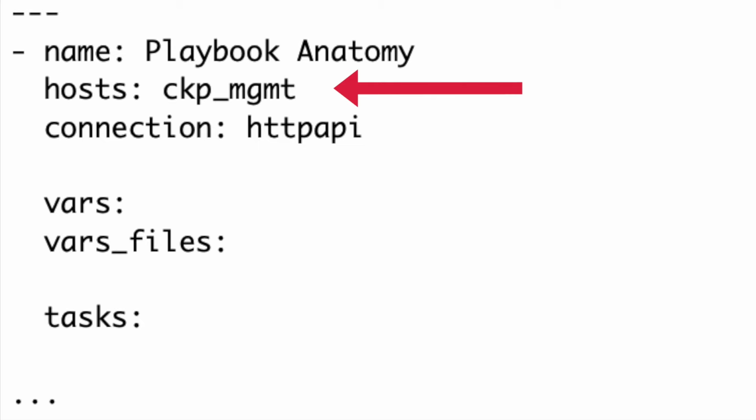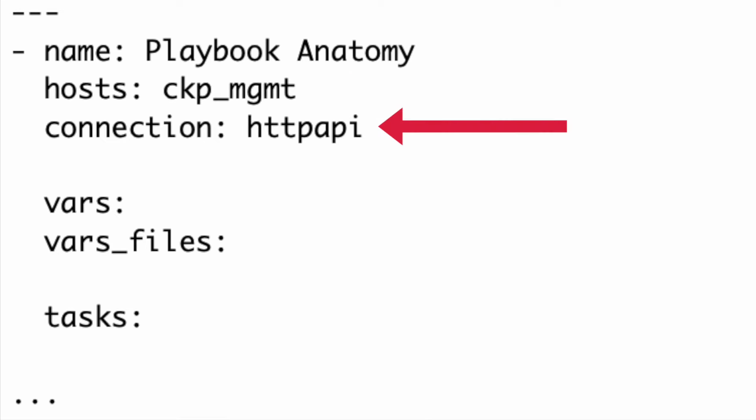For MDS, you will use the inventory host for your management domain, including the global domain or the MDS root itself. For the connection, this is the network connection method. For us, this will always be httpapi. httpapi means an HTTPS connection to the API server. You must always specify the connection method.